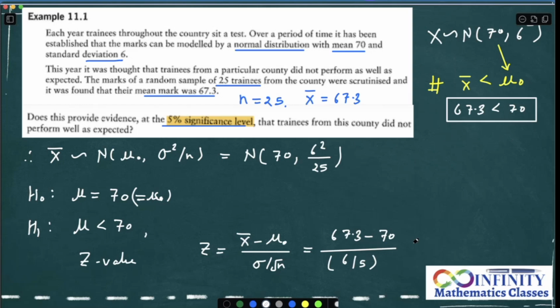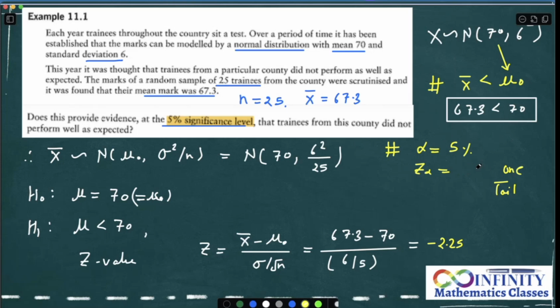Can you please use your calculator and tell me the value? 67.3 minus 70 divided by 6 by 5. Minus 2.25.